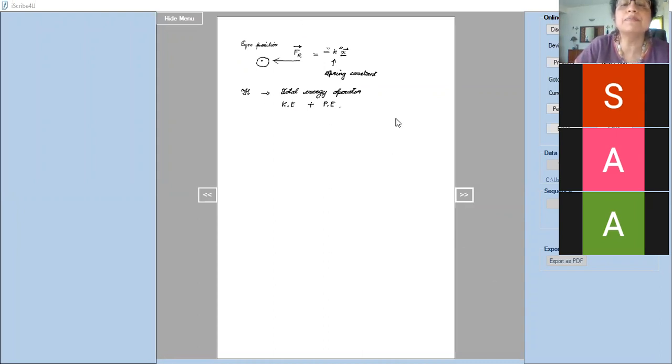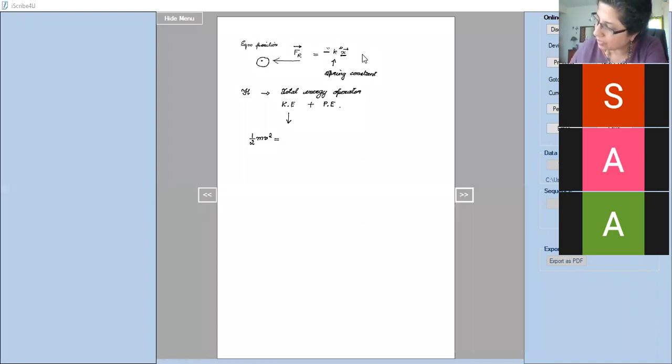Now kinetic energy is what? Can somebody tell me what is the formula for kinetic energy? Half mv square. Okay, so it's half mv square, but we are going to write it a little differently over here.